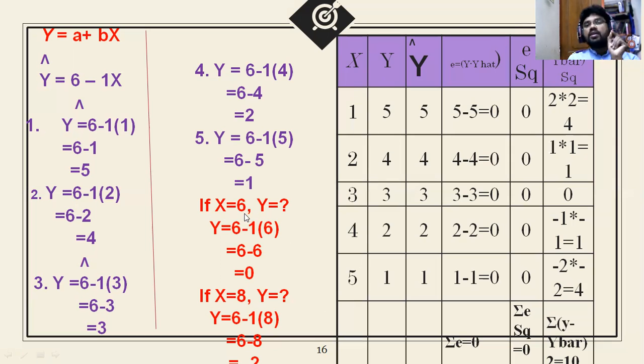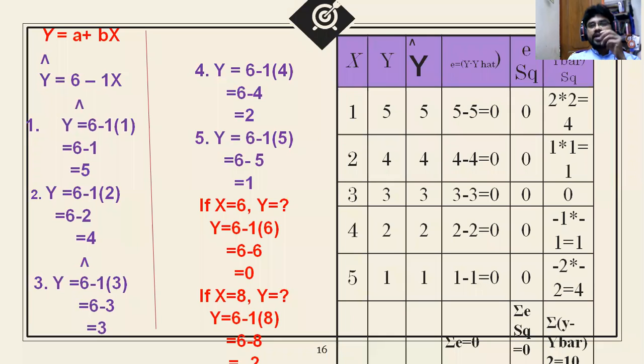Sometimes they will ask if x is equal to 6, how much is the y value? Simple, you can substitute into the model, this equation. Instead of the x value we can put 6 here. 6 minus 1 into 6, 6 minus 6, y is equal to 0. When x is equal to 6, y is equal to 0. The estimated value is equal to 0.